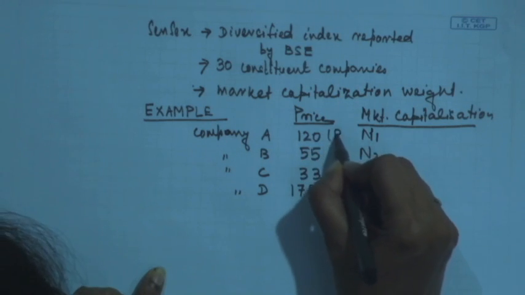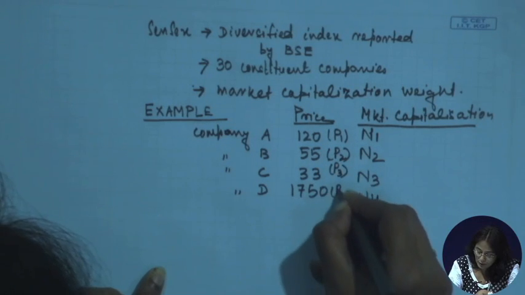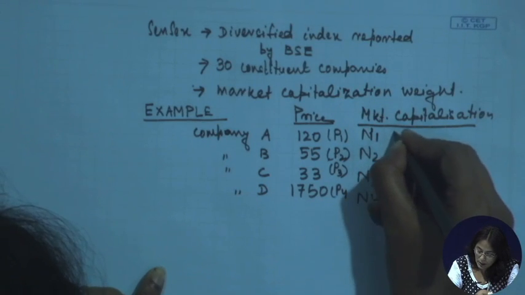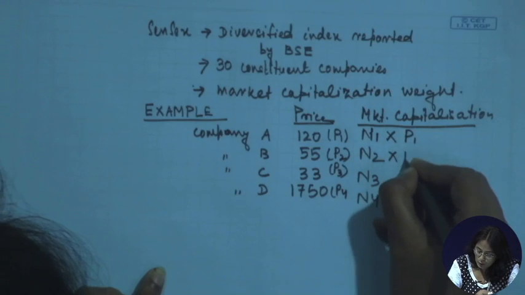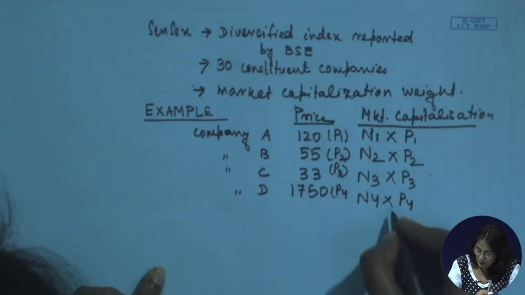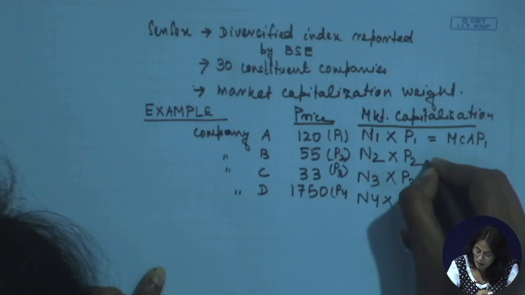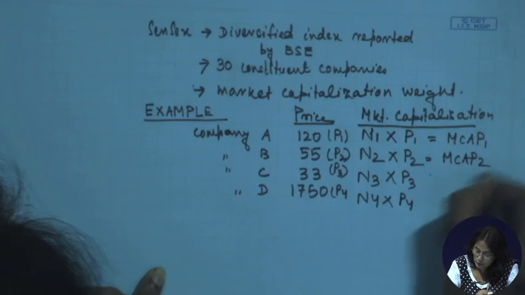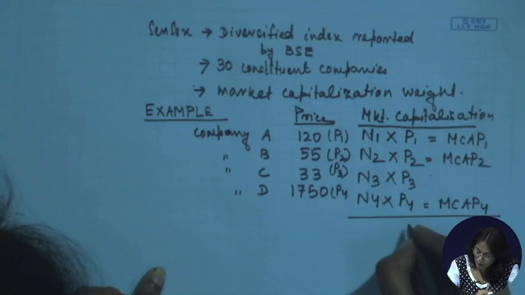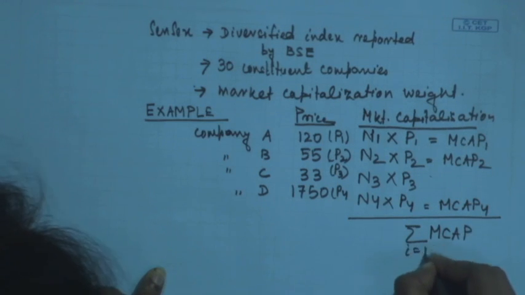So we will be getting the values of N1, N2, N3, and the prices P1, P2, P3 and P4. Market capitalization will be N1 into P1, N2 into P2, N3 into P3 and N4 into P4. So let's say M cap 1, M cap 2, and so on, up to M cap 4, and we sum all these M caps, the sum of market capitalization for i equal to 1 to 4.